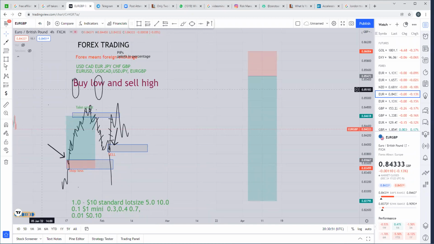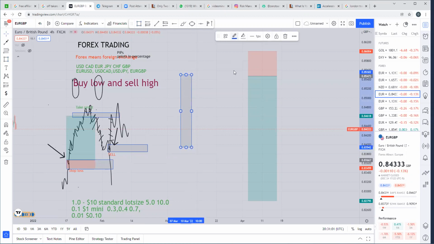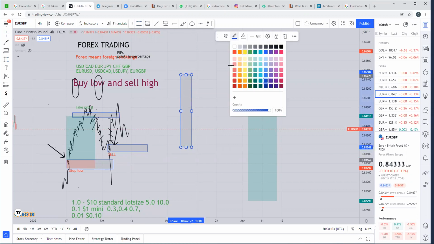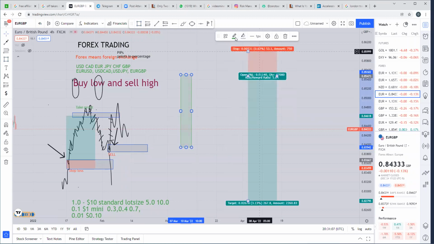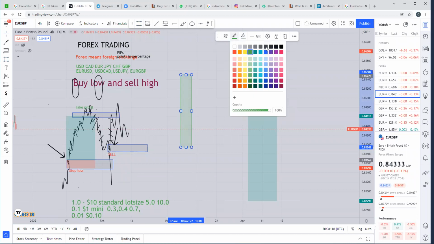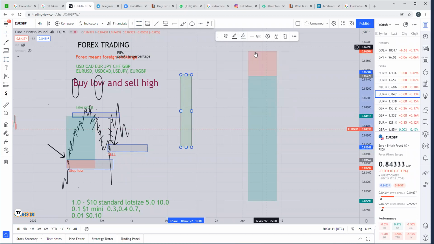Let me show you what a candle looks like. This is what a candle looks like. Okay. This is a bullish candle. Let's give it some wick.